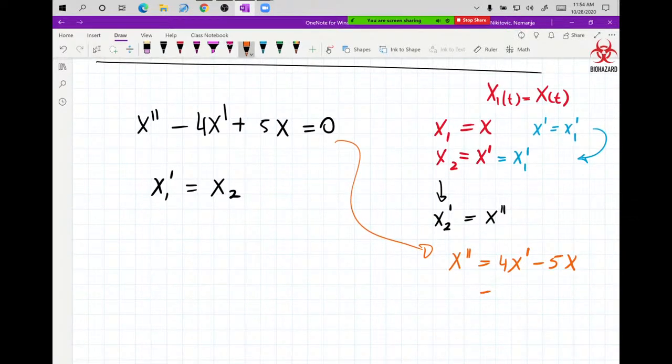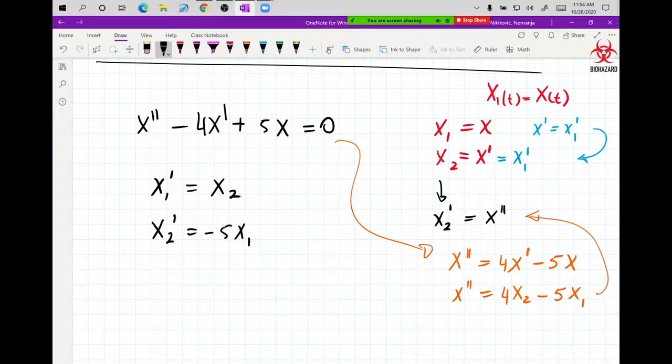And now this x double prime is 4, x prime is x2, minus 5, and x is x1. So now, when you replace that in here, you get your x2 prime is equal to minus 5x1 plus 4x2. And there it is, system of equations.